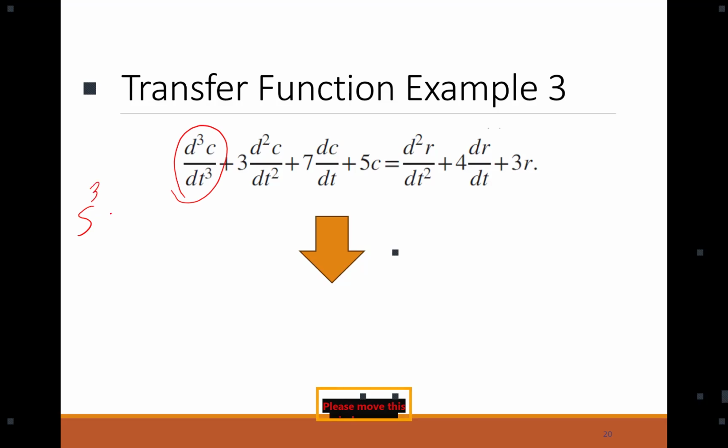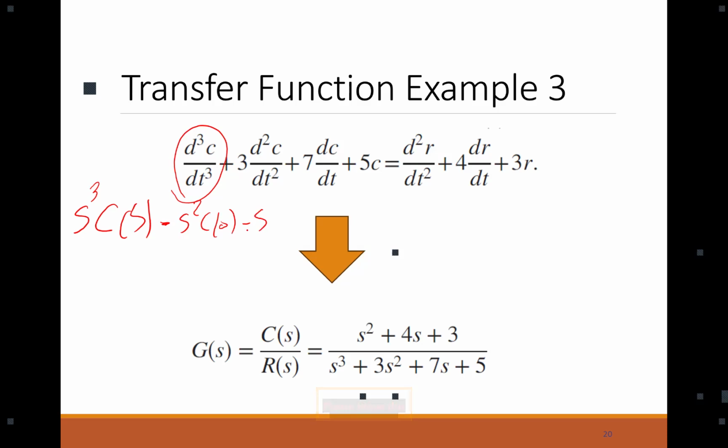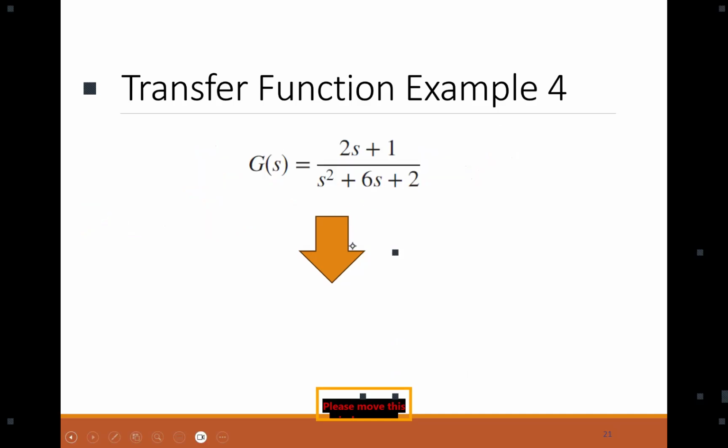S to the power of 3 C of S, minus S squared times the initial value, minus S times the initial value of the first derivative, minus the initial value of the second derivative.